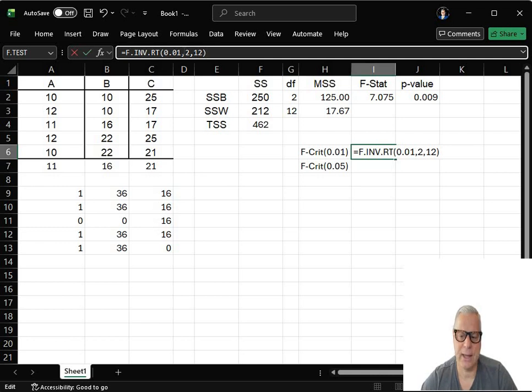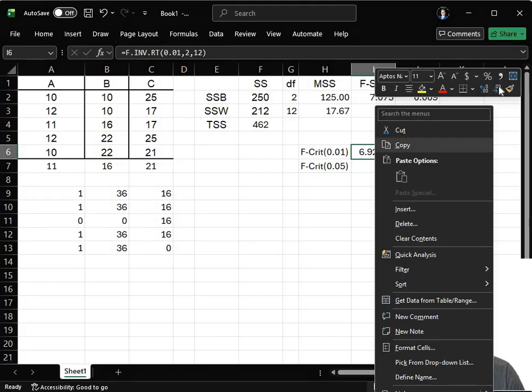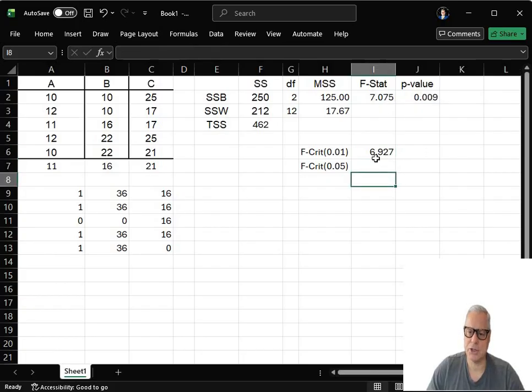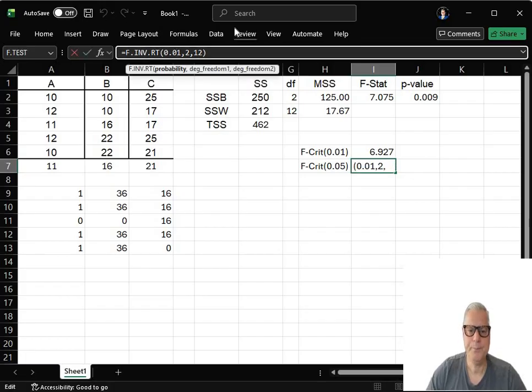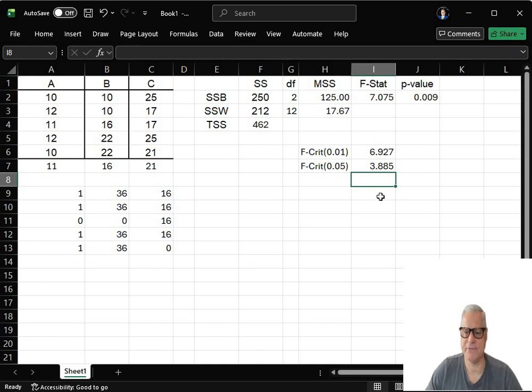So now we should get a value which is very similar to the 7.075, but slightly below, which is 6.9. And we can see that our actual F statistic is also in the rejection zone, and the critical value for a 5% alpha would be 3.885, so we definitely reject.